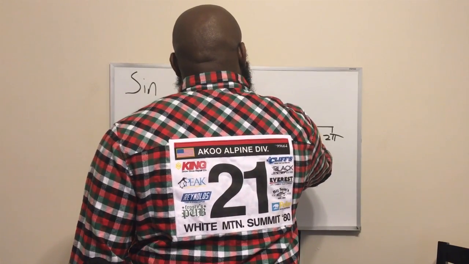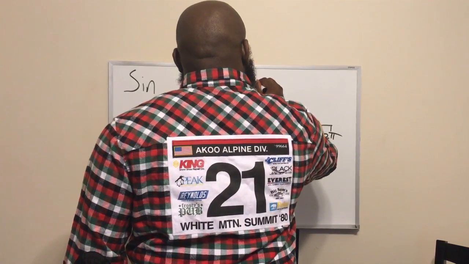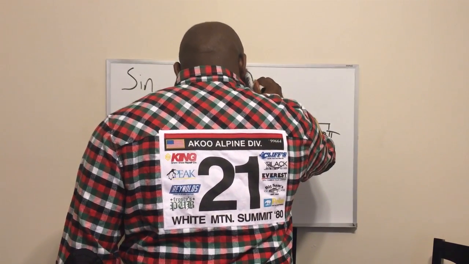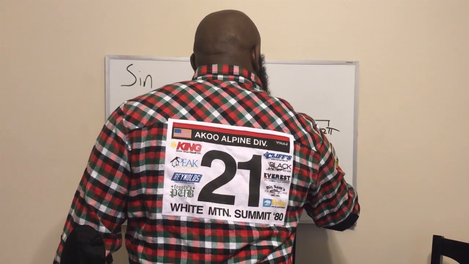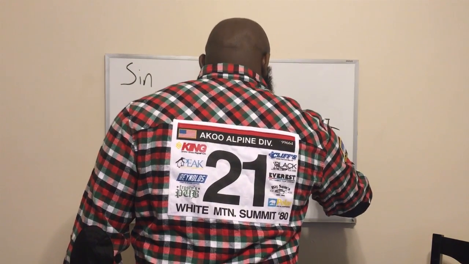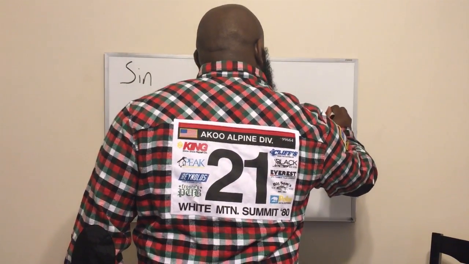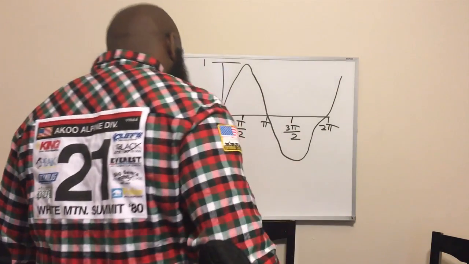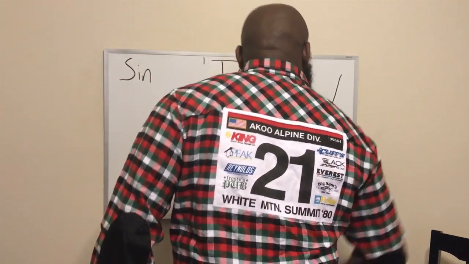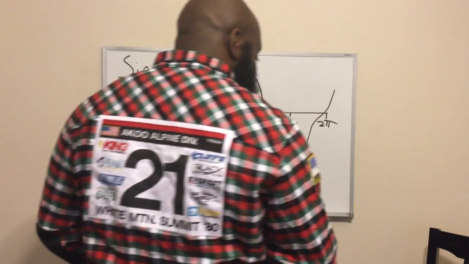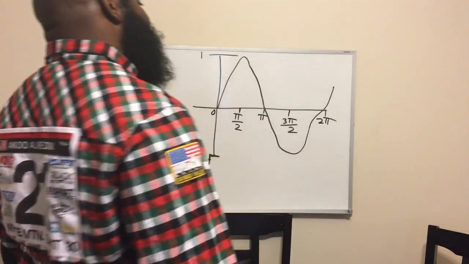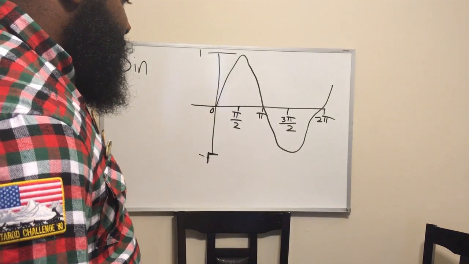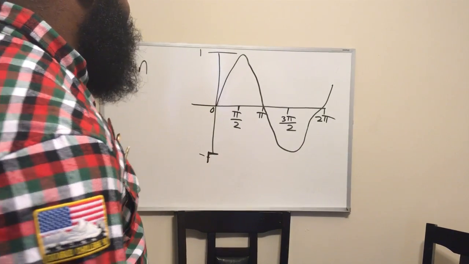Then go back, touch pi, curve at 3 pi over 2, go through 2 pi, and stop at 0. So that is your plot of sine right there.